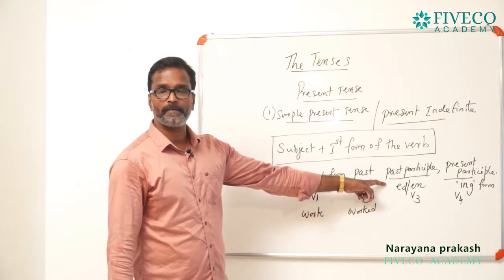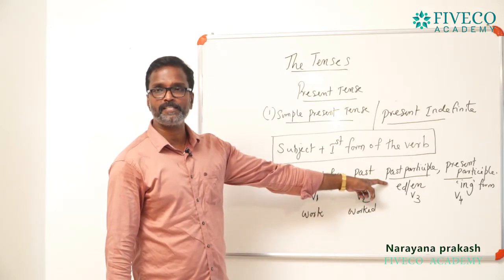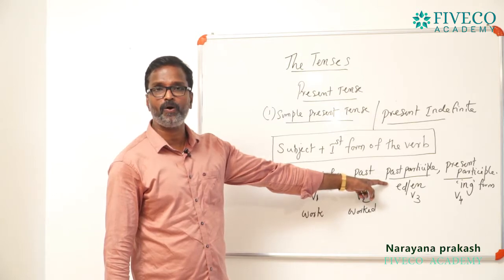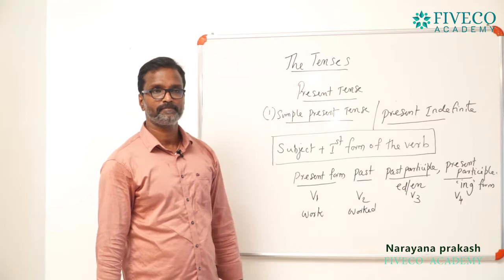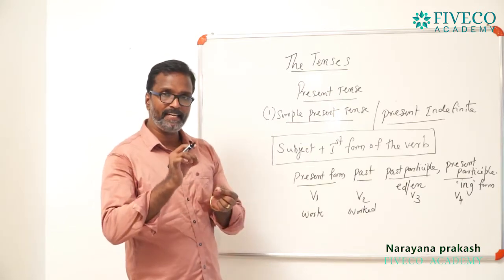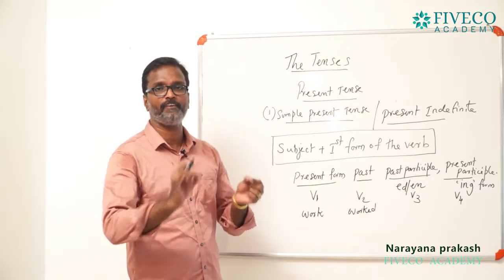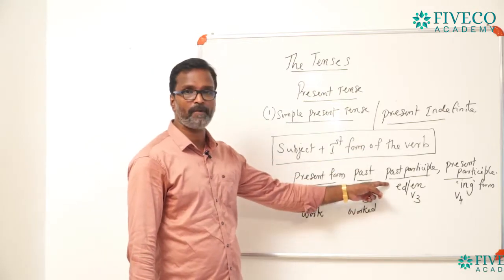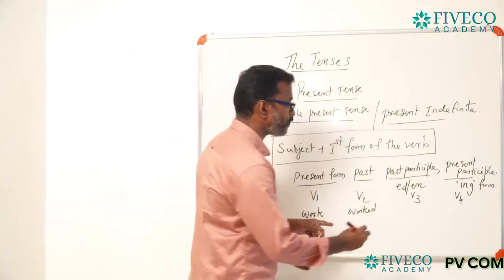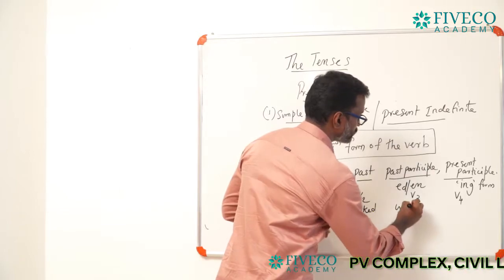And past participle. You know, what is past participle? Past participle is the ed or en form of the verb. You want to add ed or en along with a verb. So that technique is called past participle. So this worked, again worked.